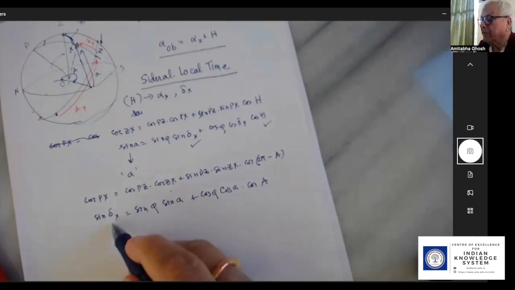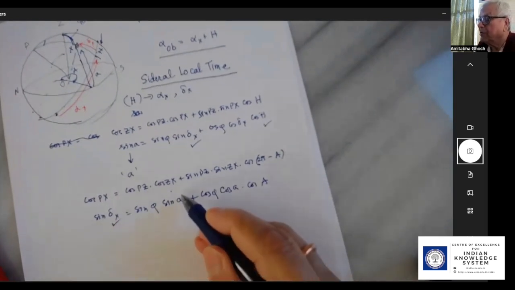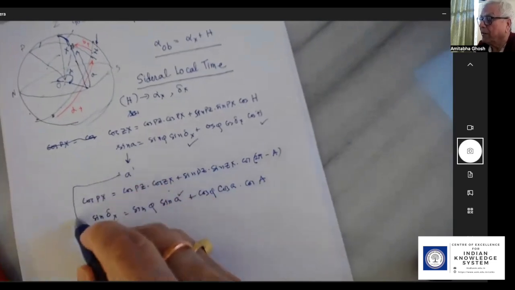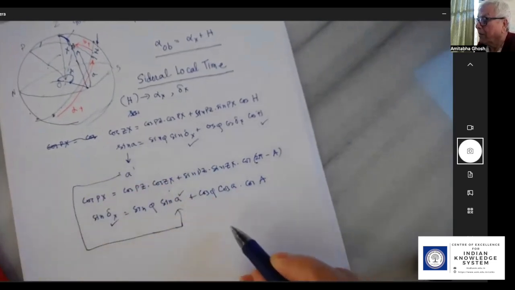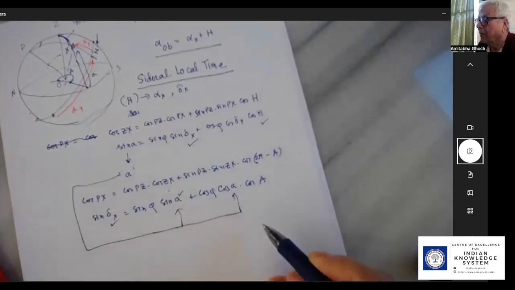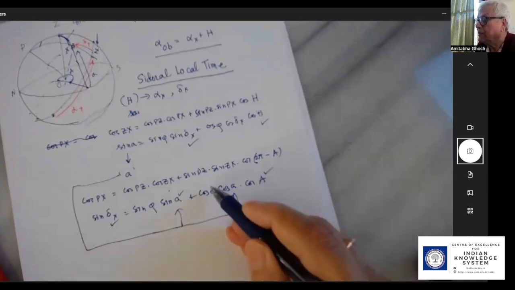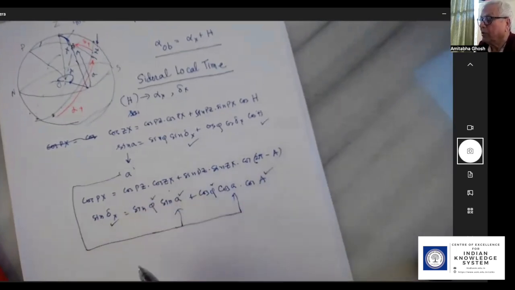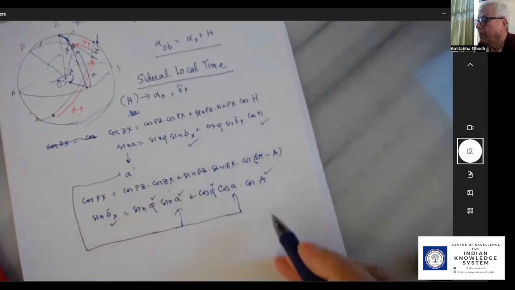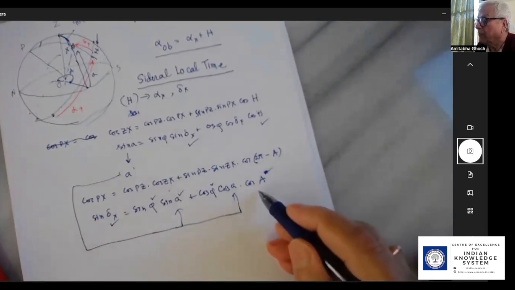So here this has been given. This you have already found out from here. This has been given and this is known. So what can you find out from here? You can find out cosine.